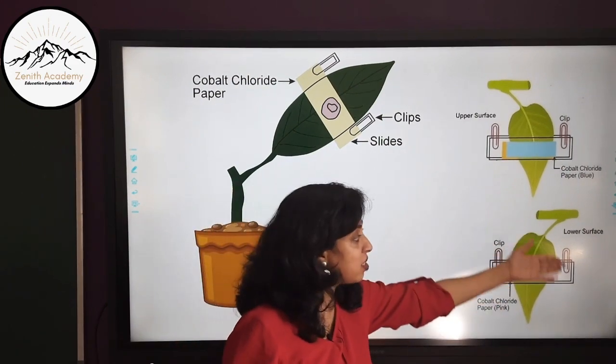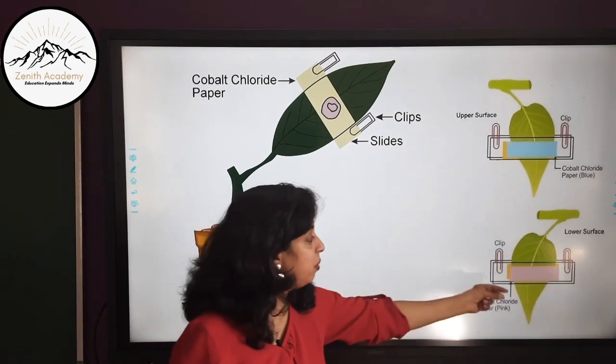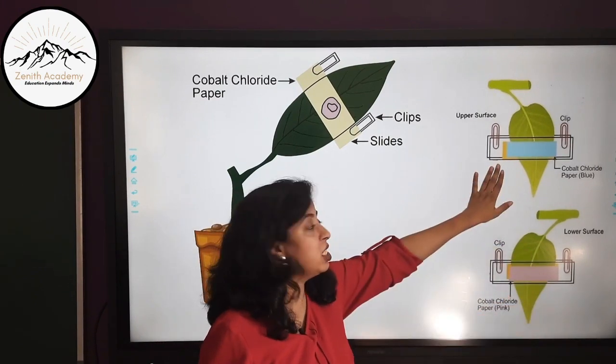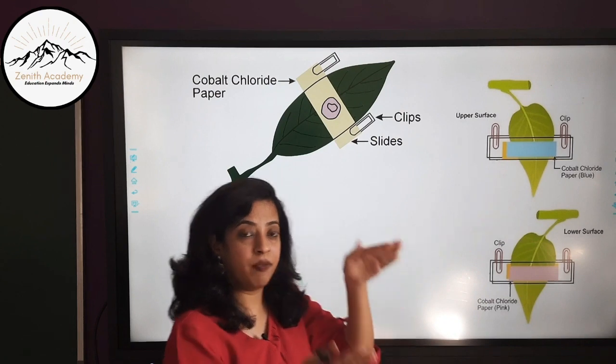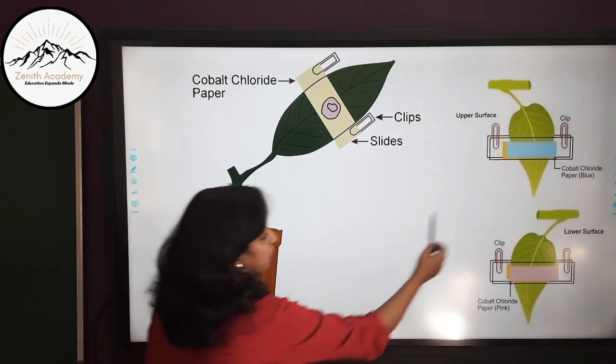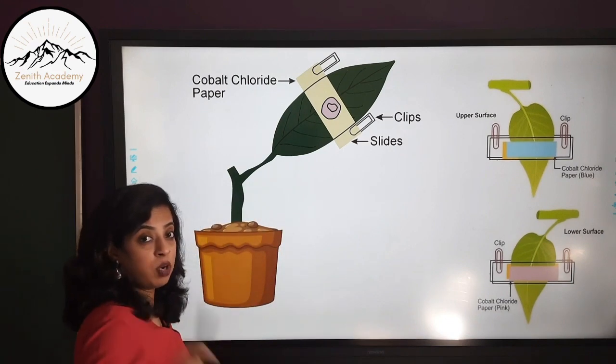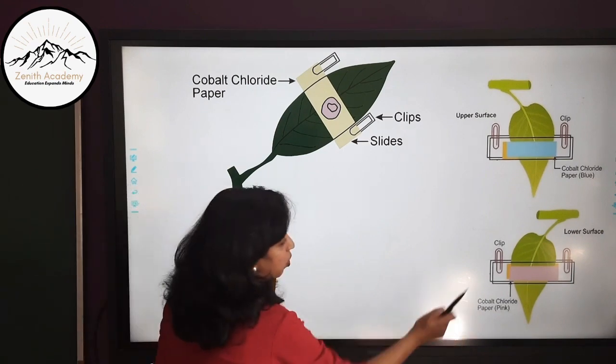Most stomata are on the lower epidermis. So this will turn pink very soon. This will not turn pink. So if we take a short span of time, only this will turn pink, showing the presence of more number of stomata on the lower surface.